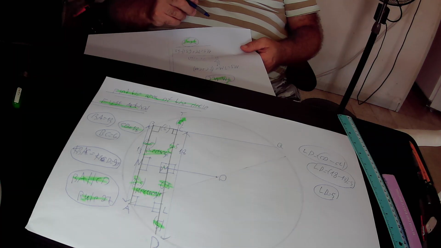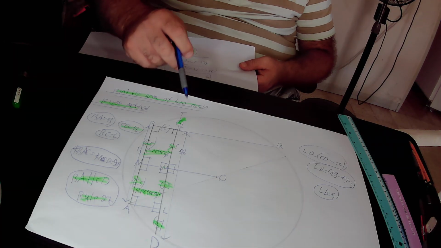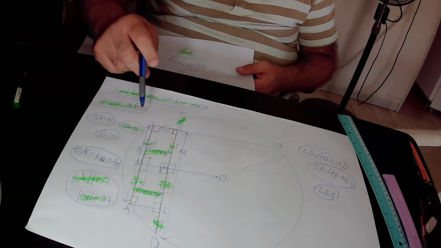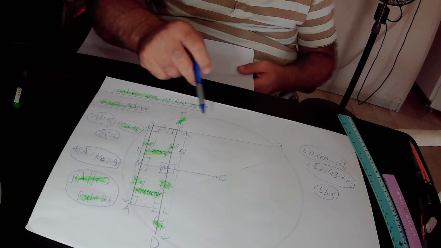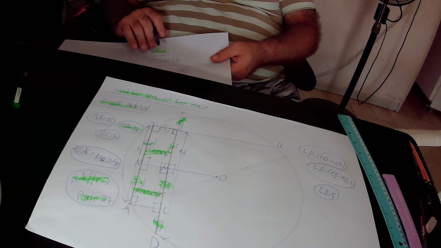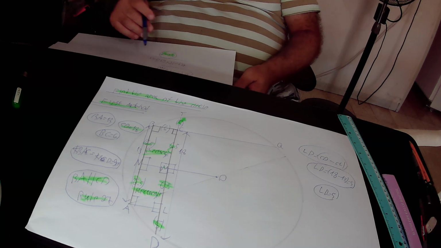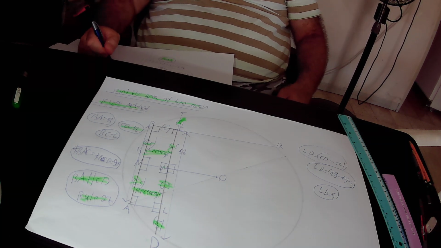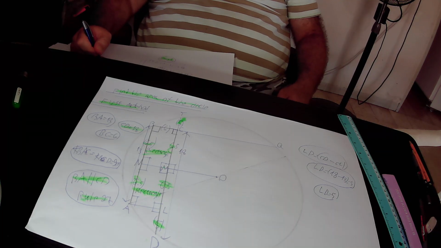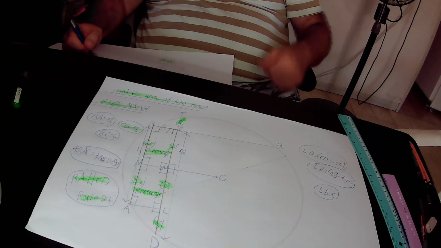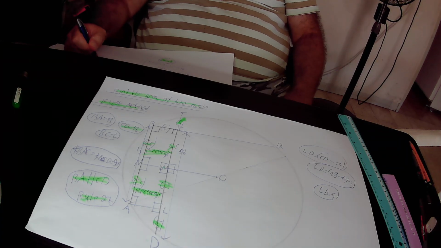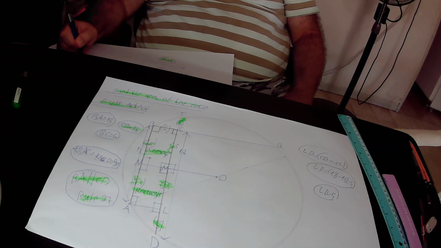According to rule 15, the following equation is true: TC times CD equals BC times CQ. So I write it down. TC times CD equals BC times CQ.